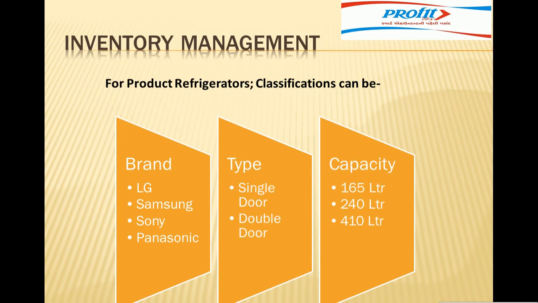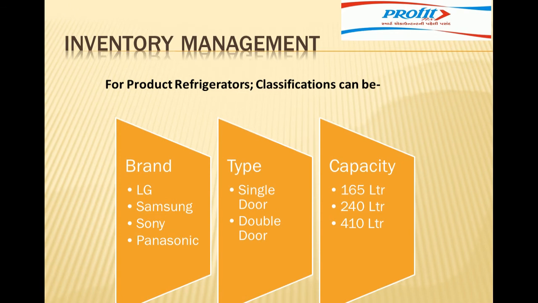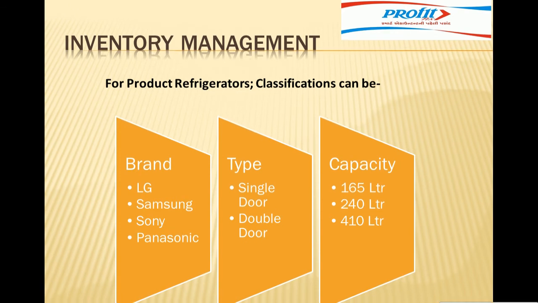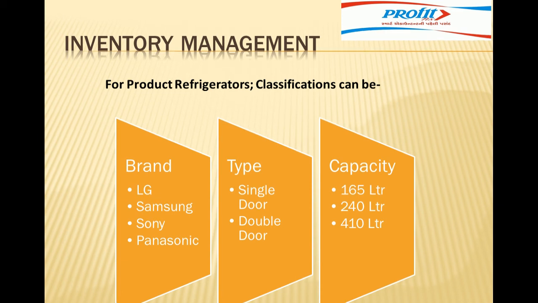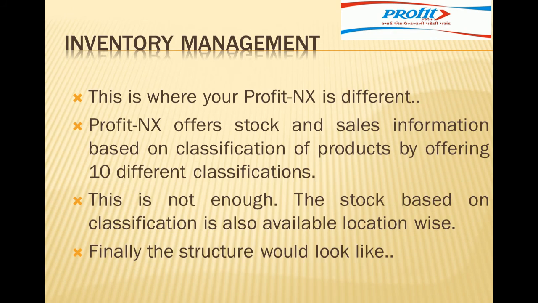Similarly, if you are dealing in refrigerators, you would like to know various kinds of information, like how many brands, based on brand, type which is single door, double door, and the various capacities of refrigerator. So essentially you need a lot of information, which is known as classification in case of Profit NX.